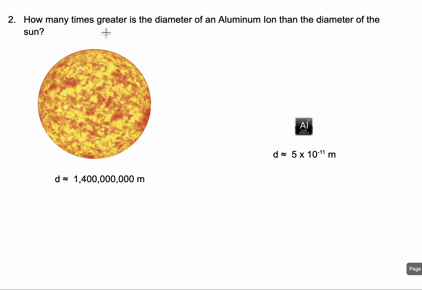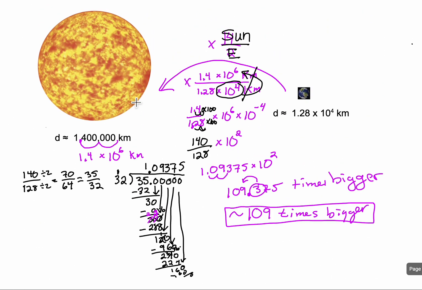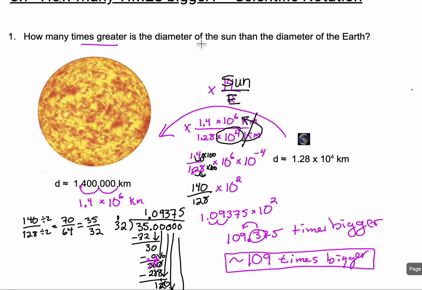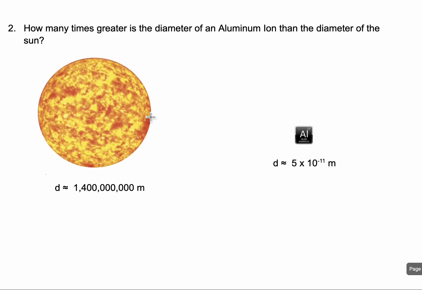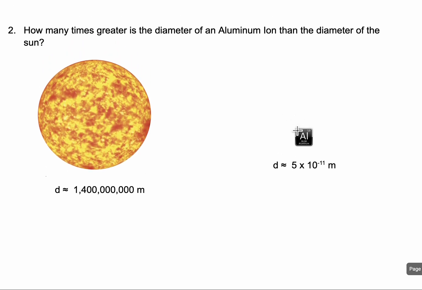Then the diameter of the sun. Wait, that sounded different than the one above. Up here it said how many times greater is the sun? So we went from the Earth to the sun. Now the aluminum ion. So we want to know how many times greater is the aluminum's.